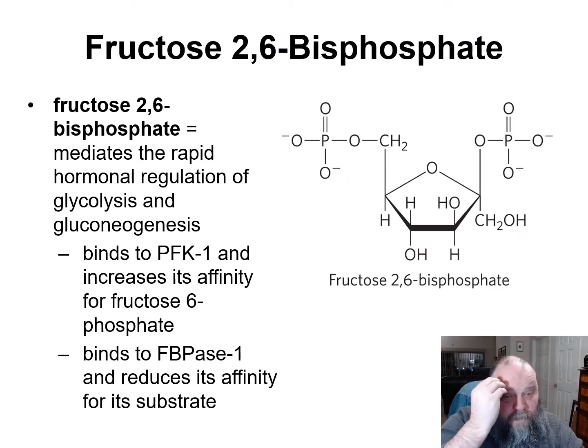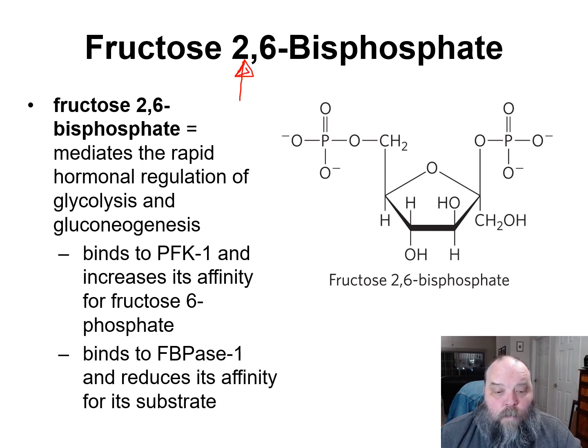One of the things we have in this antagonistic battle between glucagon and insulin is a signal molecule known as fructose 2,6-bisphosphate. Notice, 2, not 1.